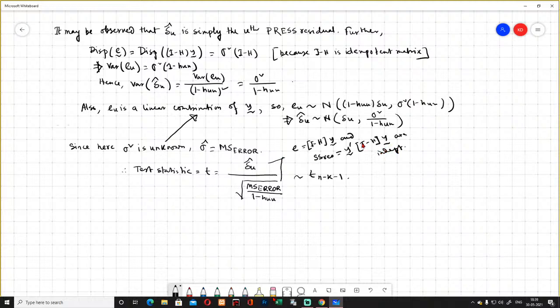So you should check this thing. This is your homework. For this reason we say the statistic T follows a T distribution with error degrees of freedom.